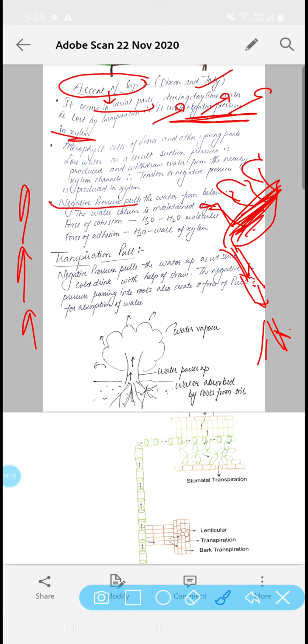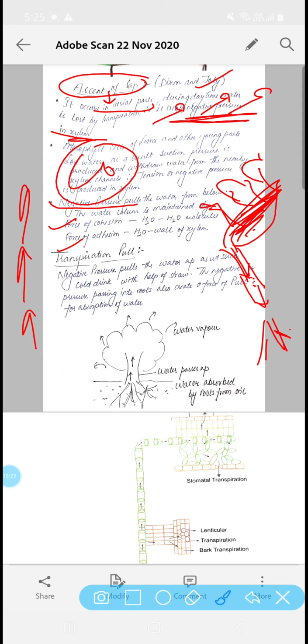Now, the water in this column is maintained throughout due to two forces. The first one is the force of cohesion. Co means same kind. So, the force maintained between the water molecules is called cohesion force. Adhesion means to remain close to something.